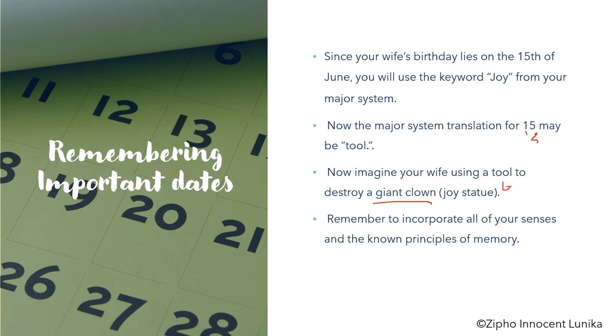So you may think of a clown statue. So think of your wife using a tool, 15, to break a giant toy statue, joy. Now I'll remind you that your wife's birthday lies on the 15th of June. So remember to incorporate all your senses and all the known principles of memory to help strengthen this memory and help it really stick.